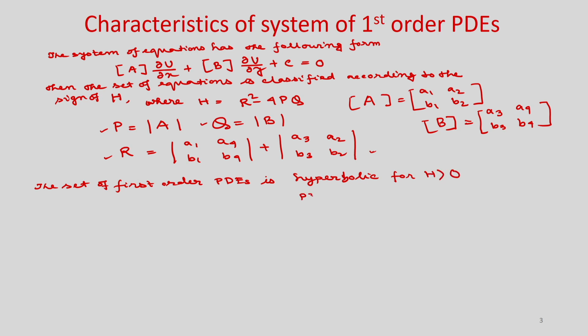It is parabolic for H equal to 0, and elliptic for H less than 0. Okay. So, this is another way to find the mathematical characteristic of a system of PDEs.